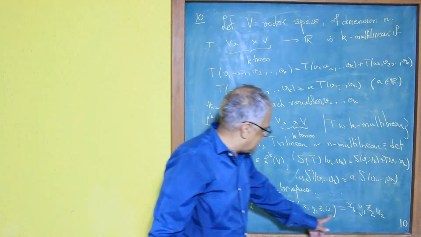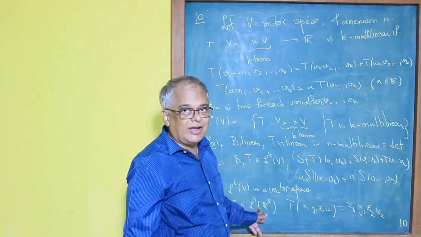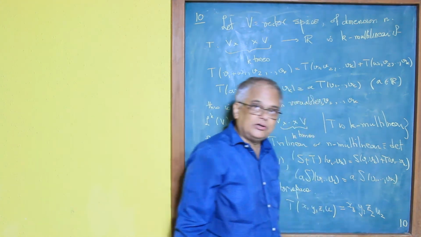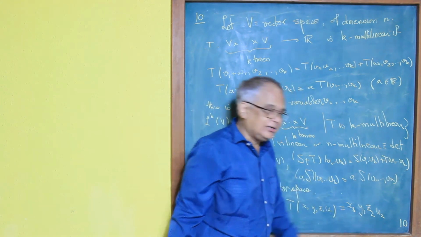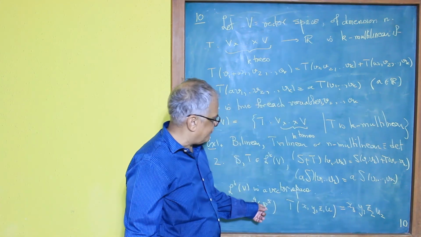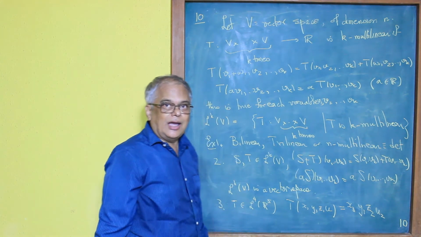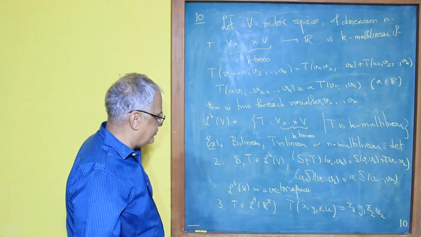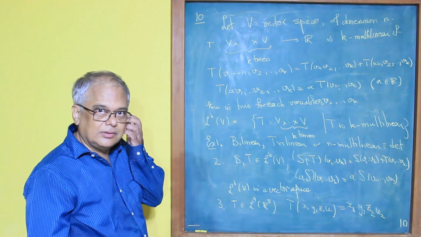So I take the third component of X. Similarly, Y is a vector in R5, I take the first component of Y. Z is an element in R5, I take the second component of Z. And U is an element in R5, and I take the second component of U. And you should be able to prove that this is in L^4 of R5.